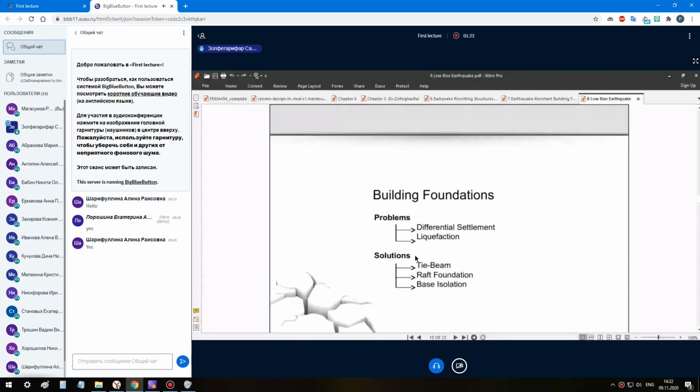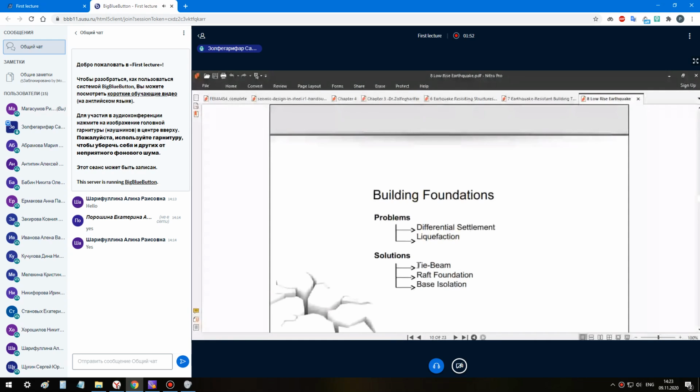Also, I talked about building foundations and the problems that may occur in the buildings. We have two problems with building foundations.